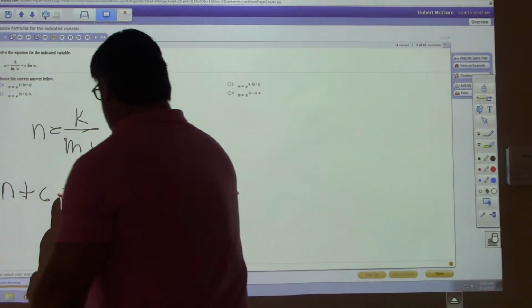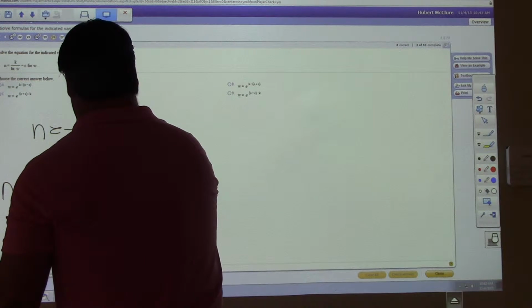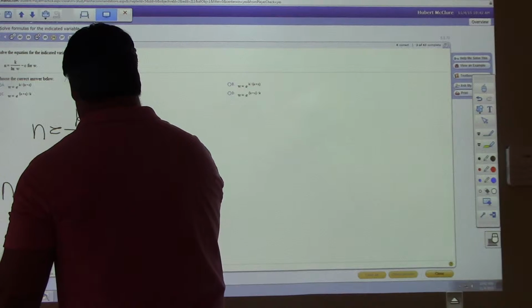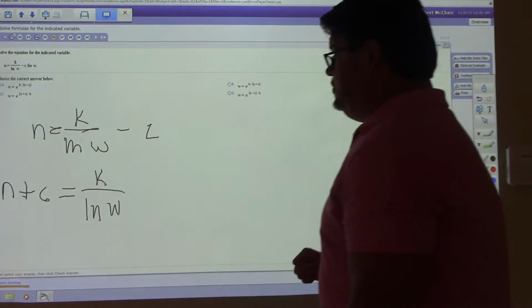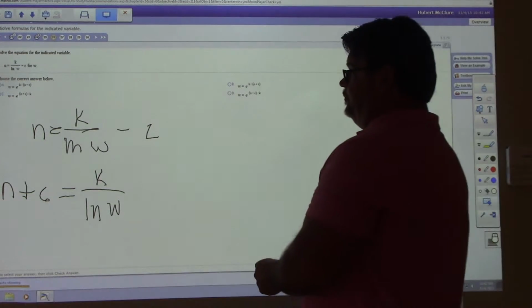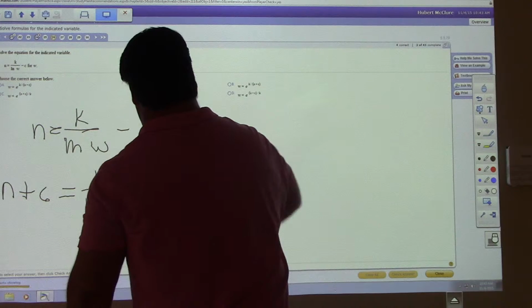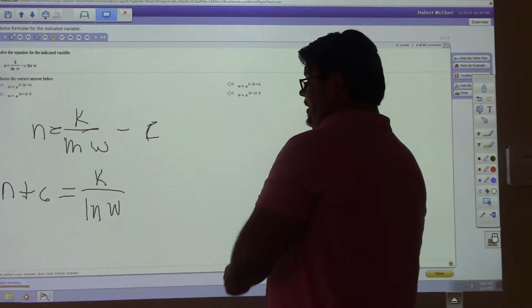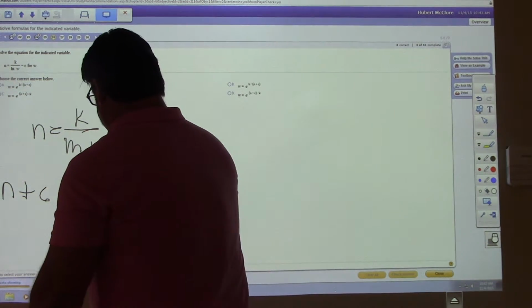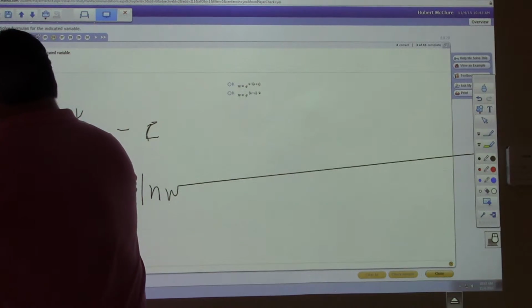N plus C is equal to K over natural log of W. Everybody with me? Okay, now what? Is that a C? Okay. Now what? Multiply both sides by what? Natural log of W.